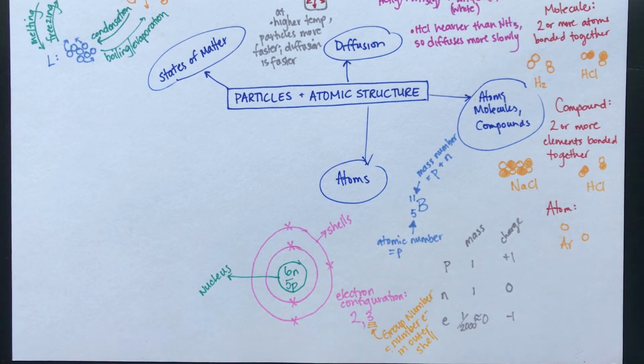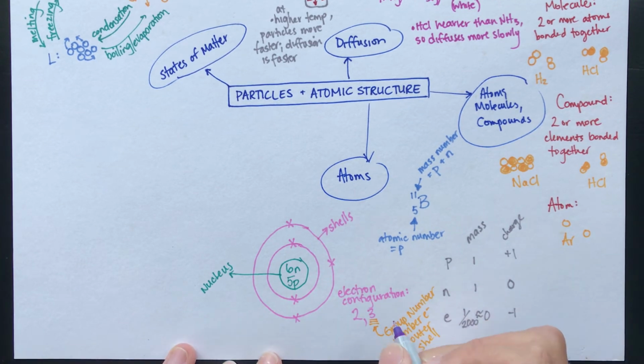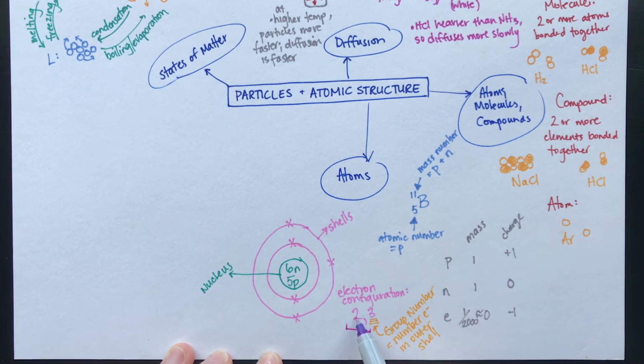Okay. You can also tell the period number from this. The period number is the number of occupied shells. So we have 2. One shell has 2, one shell has 3.